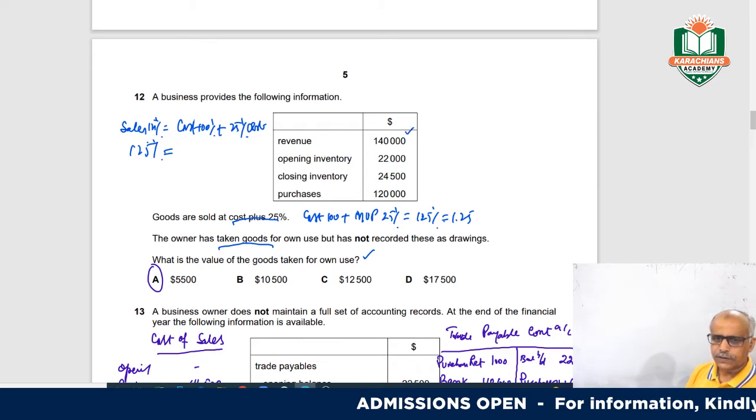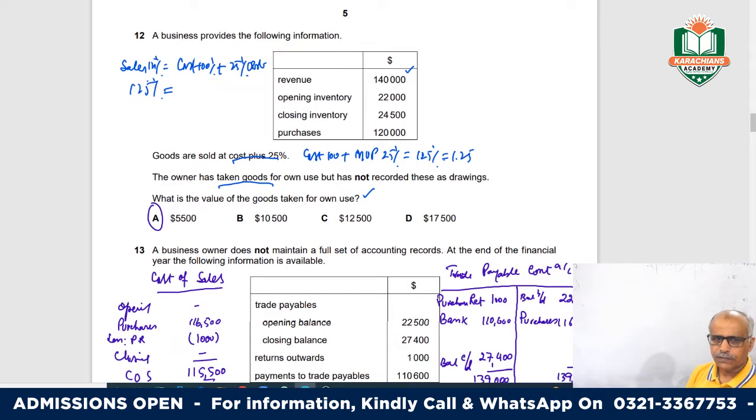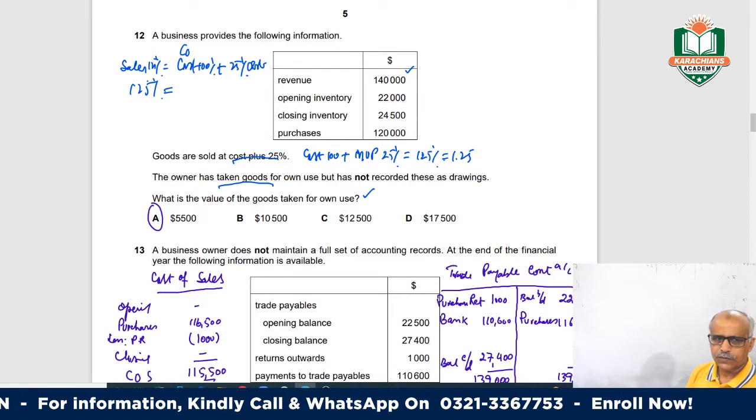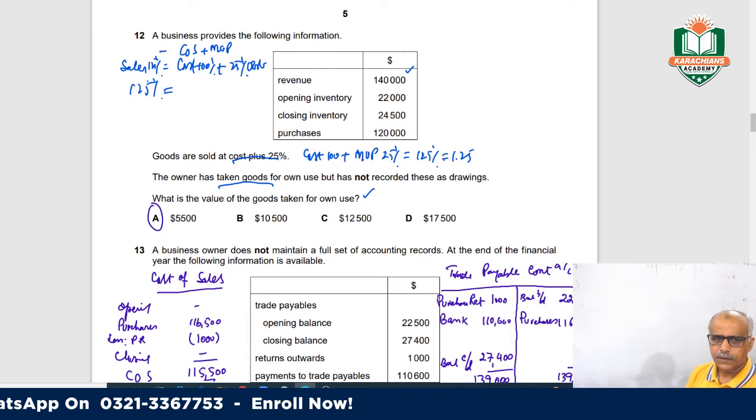Revenue, sales is given to you. You can work out how much is cost of sales. Means this is cost of sales plus markup equals to sales.